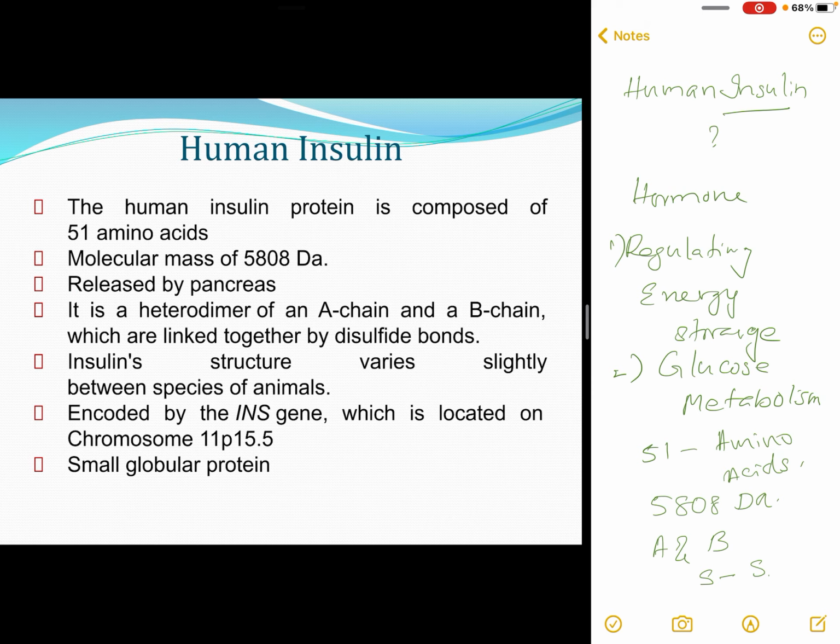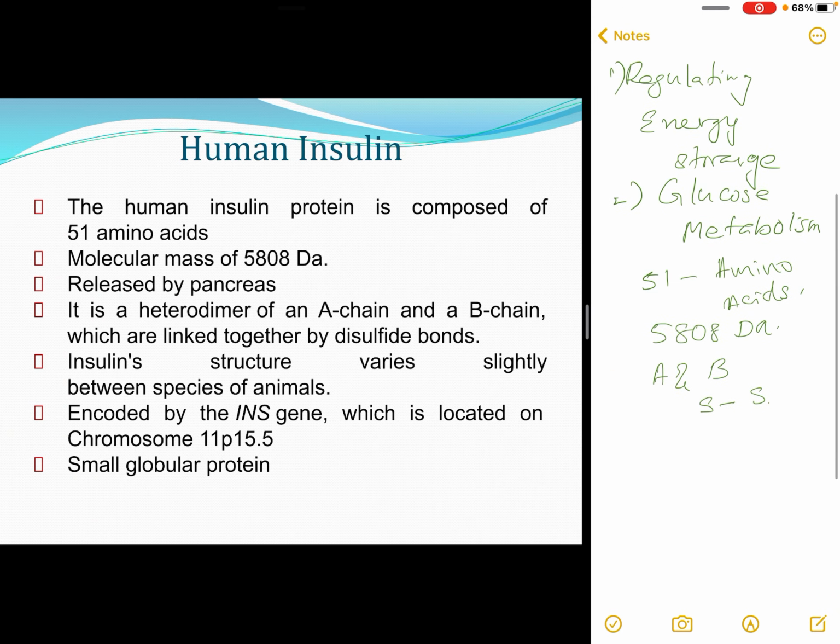Insulin structure varies slightly between species of different animals, or in other words, the insulin structure is almost conserved between different species. It is encoded by a particular gene called the INS gene.